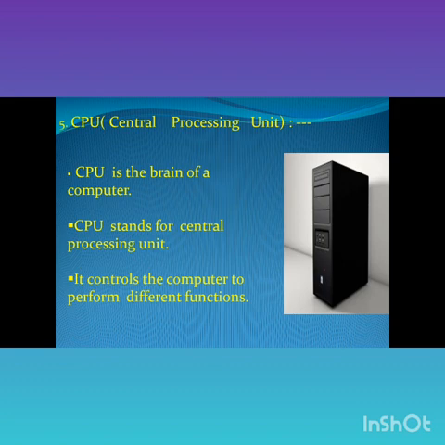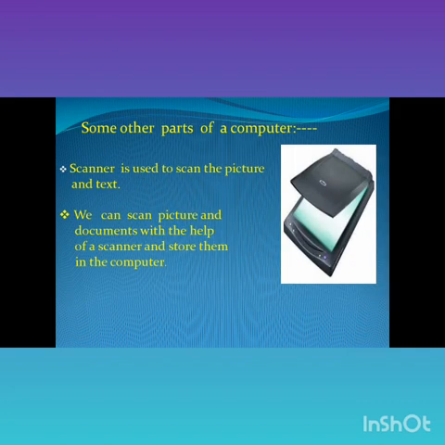Now we are moving to the other parts of a computer. First one is the scanner. The scanner is used to scan pictures and text. We can scan pictures and documents with the help of a scanner and store them in the computer.